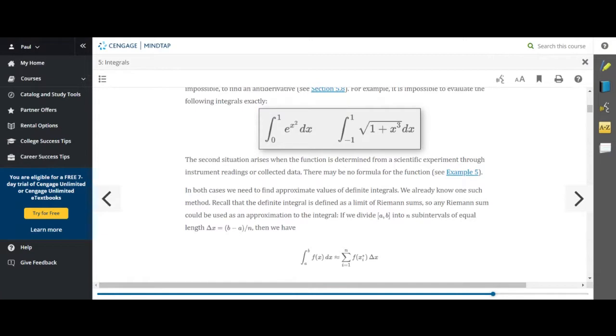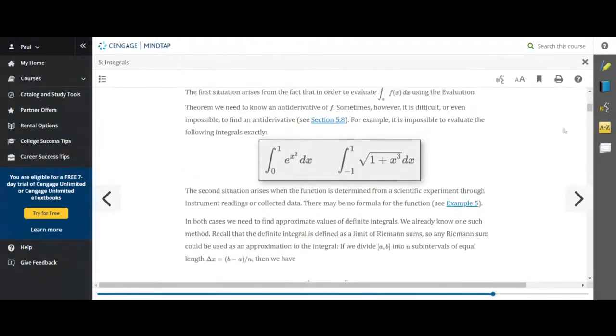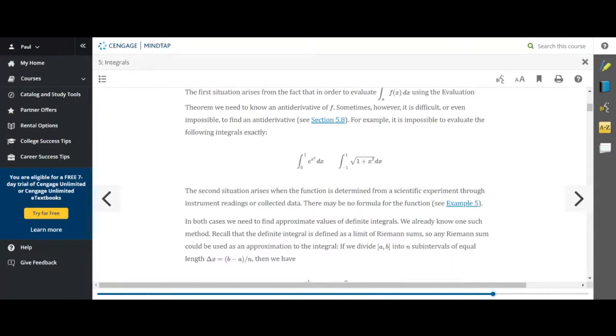It says here that you have two situations where an antiderivative wouldn't work. One is if you can't get the antiderivative. That's what they mention here. They give an example of those two integrals.